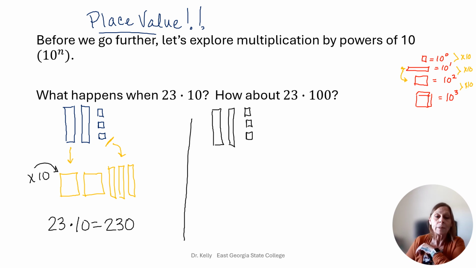Okay, so if we start off with the long, and if we're multiplying by 100, it means that we're going to skip up 2 sizes. Then the longs are going to turn into blocks. Some really bad blocks going on right here, but that's okay.